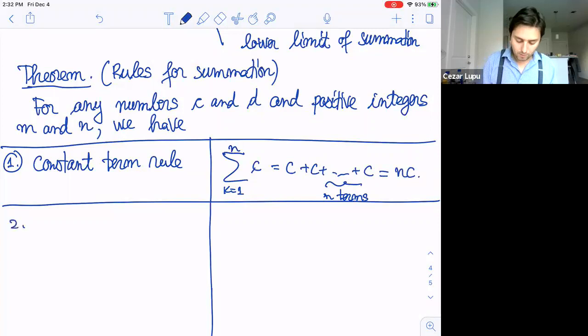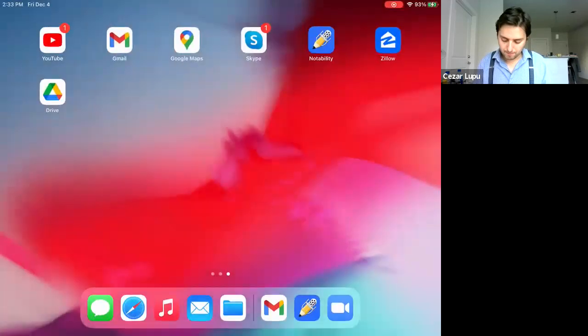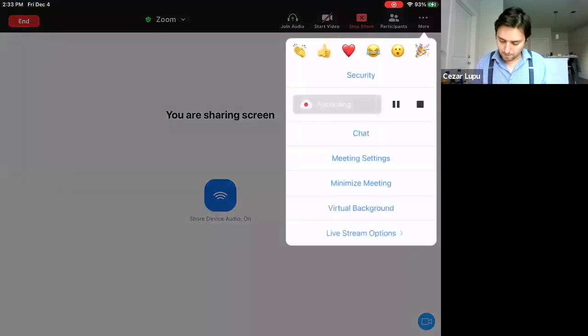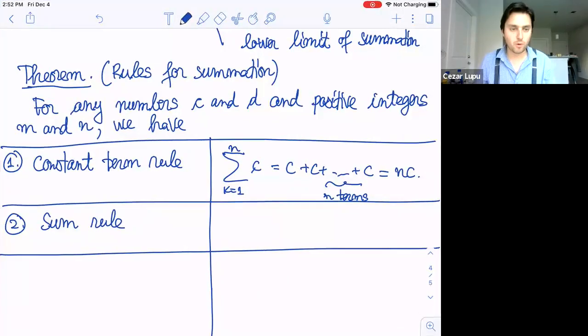Okay, now the second one is the sum rule, which says the following. So we can use this sigma, the sum from k equals 1 to n of ak plus bk.